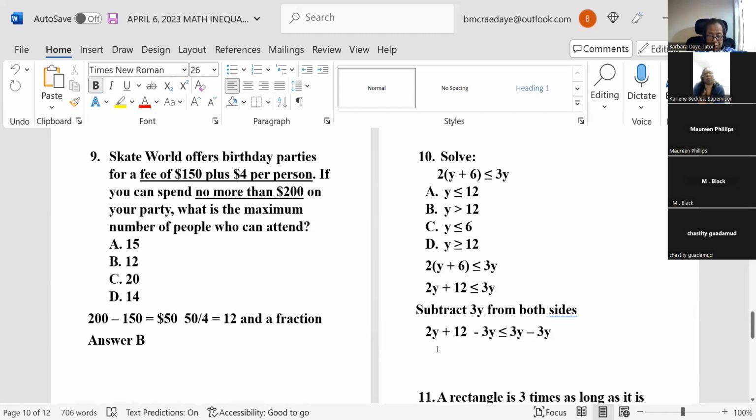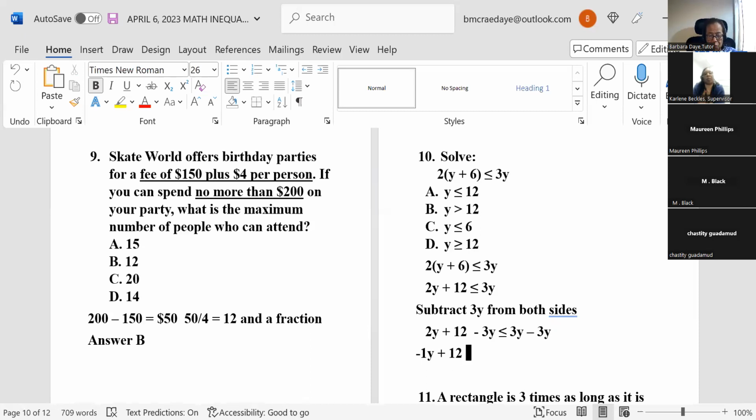Okay, now Mercedes, what's on the left side? 2y minus 3y is what? Minus 1y. Okay, plus 12.